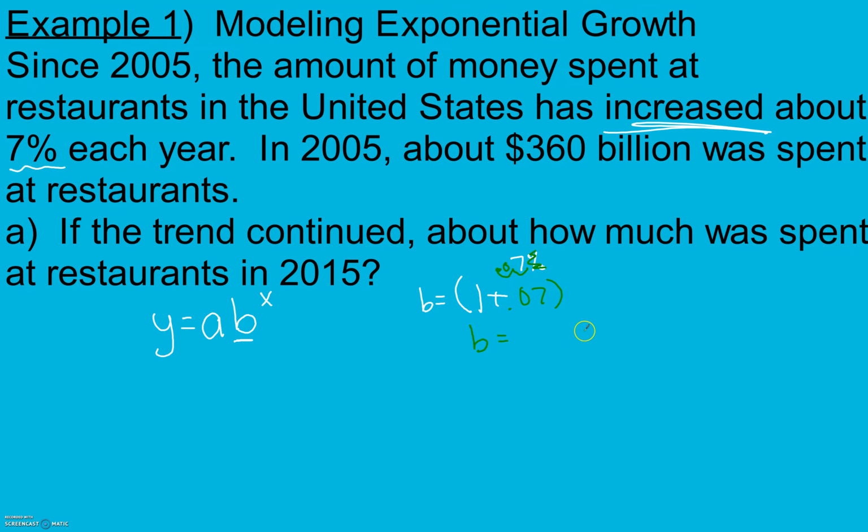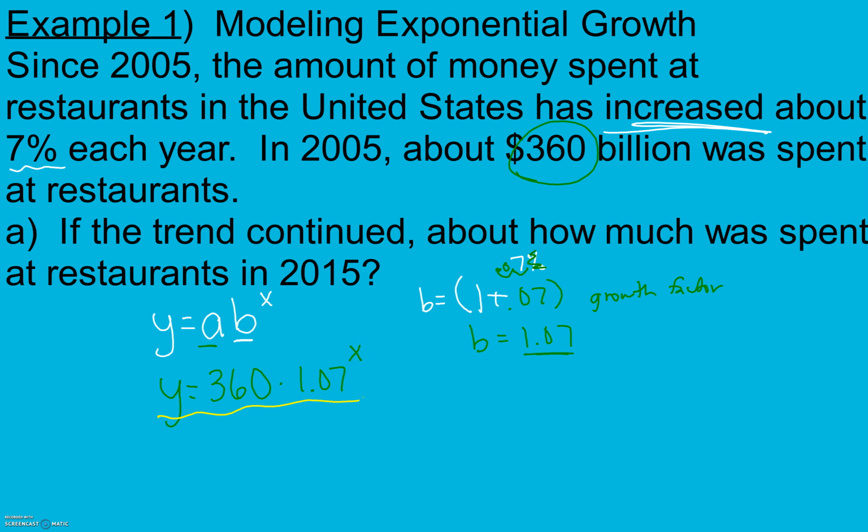So b, or my growth factor, is going to be 1.07. a is my initial amount, which here is 360 billion. So y equals 360 times my growth factor, raised to the x power. This is the function I'm going to use for this problem.